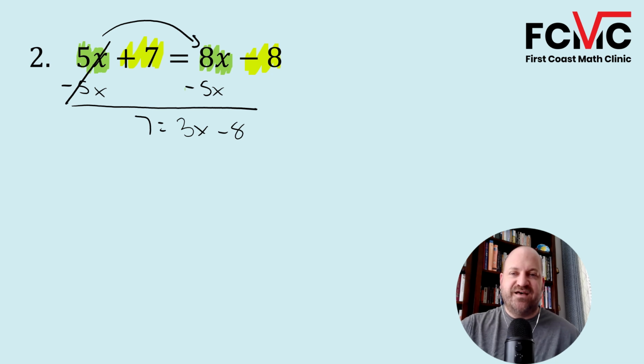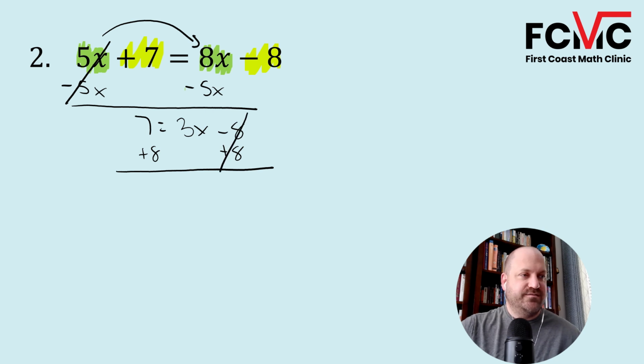Now I want to combine the 7 and the 8, right? So again, I want to get the x by itself. So let's move this 8 to the left side because our goal is we want to get the x by itself. Well, what's happening with the 8? 8 is being subtracted. So to undo subtraction, I'm going to add 8 to both sides.